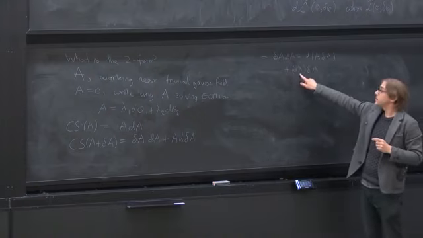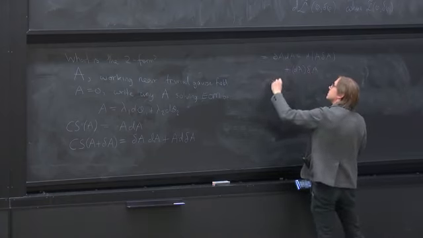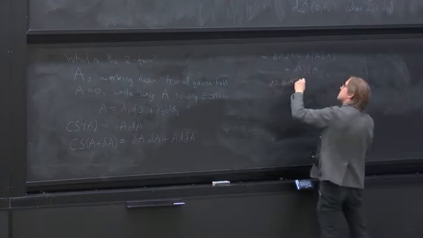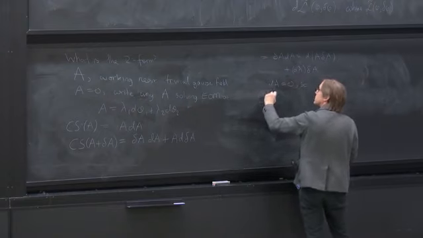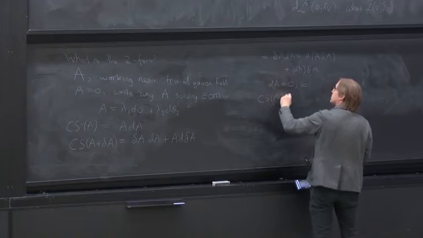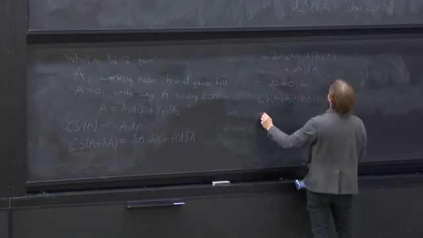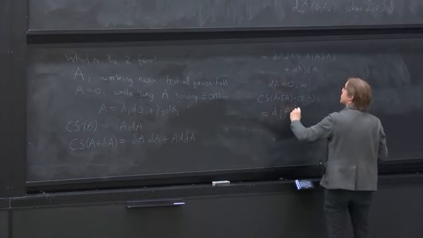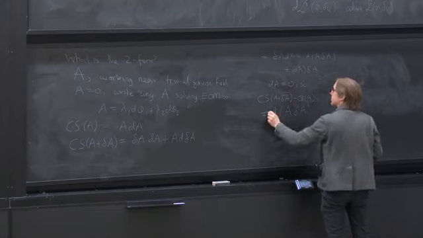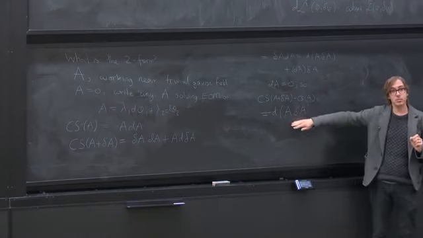Now, if A is a flat connection, so dA is equal to 0, the variation of the Chern-Simons Lagrangian is equal to d of A delta A, minus a total derivative. So this expression is the variation in one form.